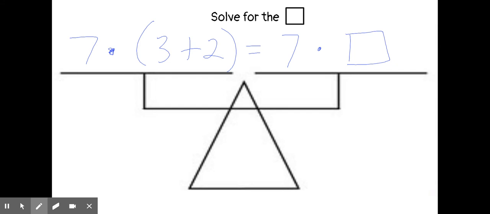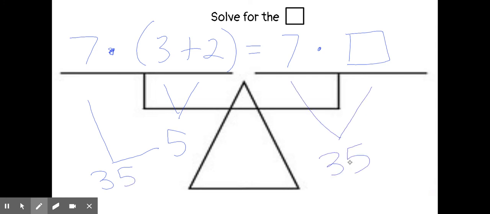So you do whatever is on the left, and then you move on to the right. So what is 3 plus 2 worth? Yeah, simple, 5. And then what do I do next? Well, I'm going to multiply 7 times whatever I got from adding 3 plus 2. So that's 7 times 5. So 7 times 5 equals 35. Well, that means this over here has also got to equal 35.